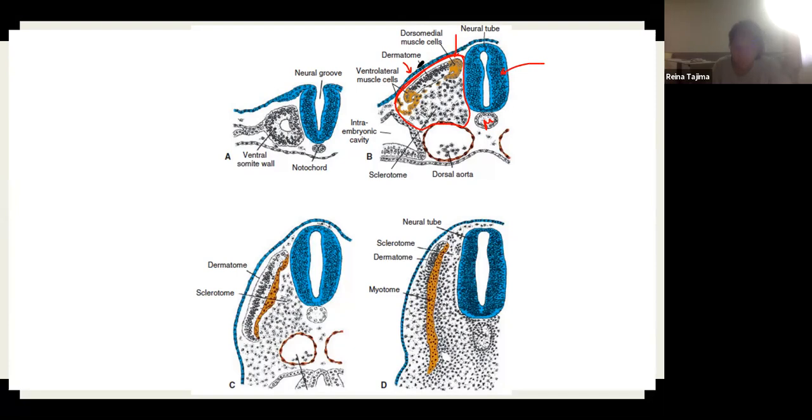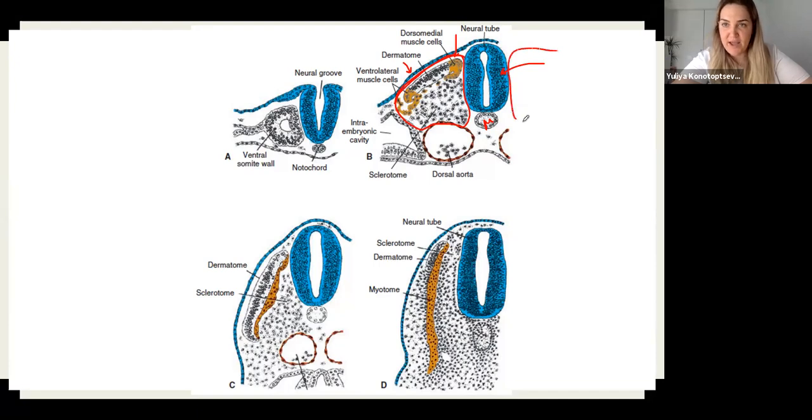Somite, very good. So this is one somite. Another somite will be right next to it. From head to tail, how many somites are you expecting initially? 42 to 44, right? So that's how many somites there would be.